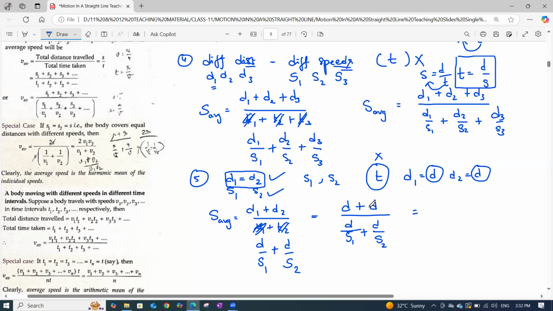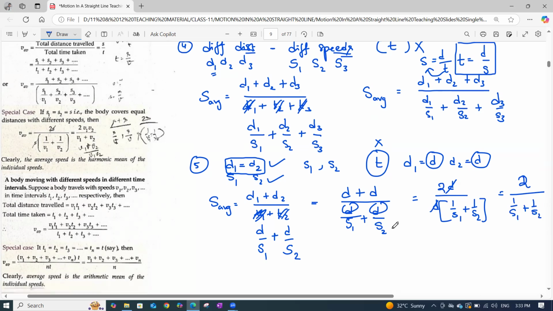Now d plus d is 2d upon, taking d as common, 1 by s1 plus 1 by s2. In the numerator and denominator d is cancelled. At last, we get 2 upon 1 by s1 plus 1 by s2.